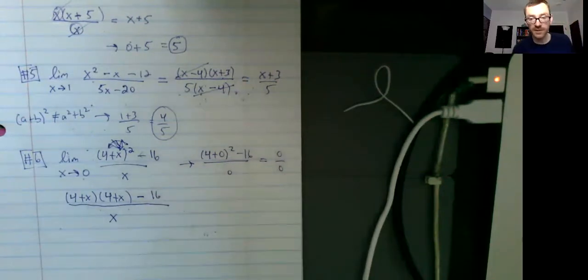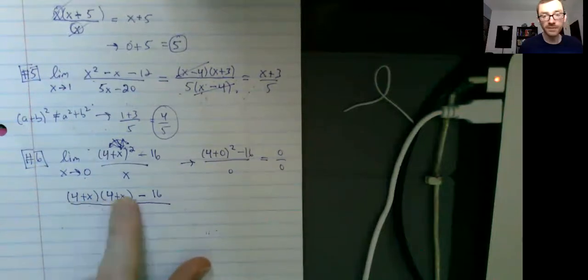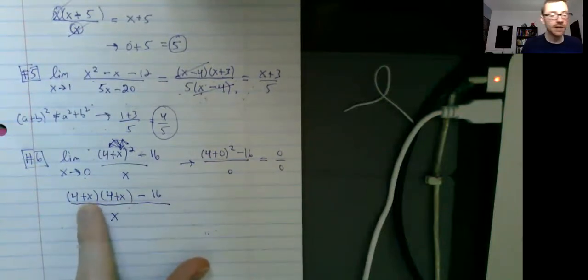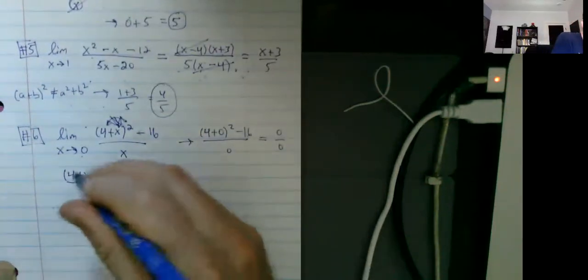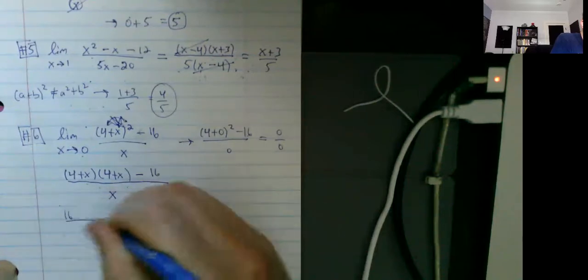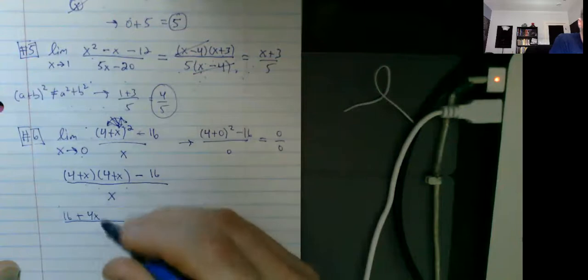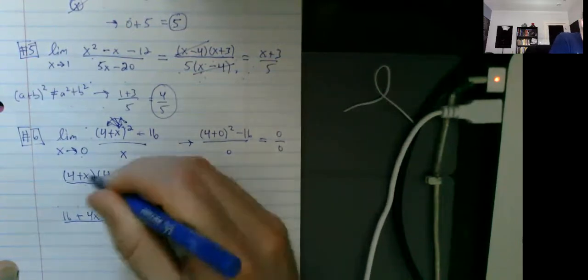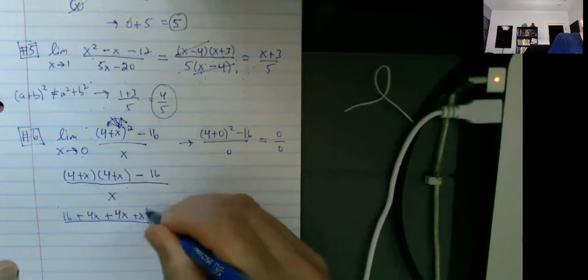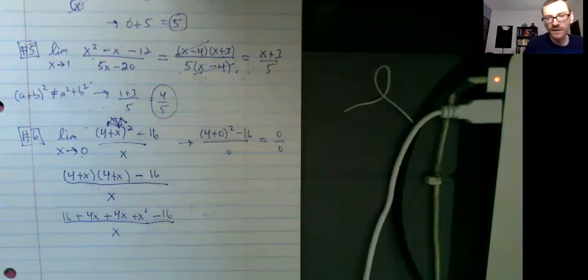So let's go ahead and do it. That's going to be 4 times 4 is 16, plus 4 times x is 4x, plus x times 4 is also 4x, and then x times x is x squared, and then minus 16, all over x.